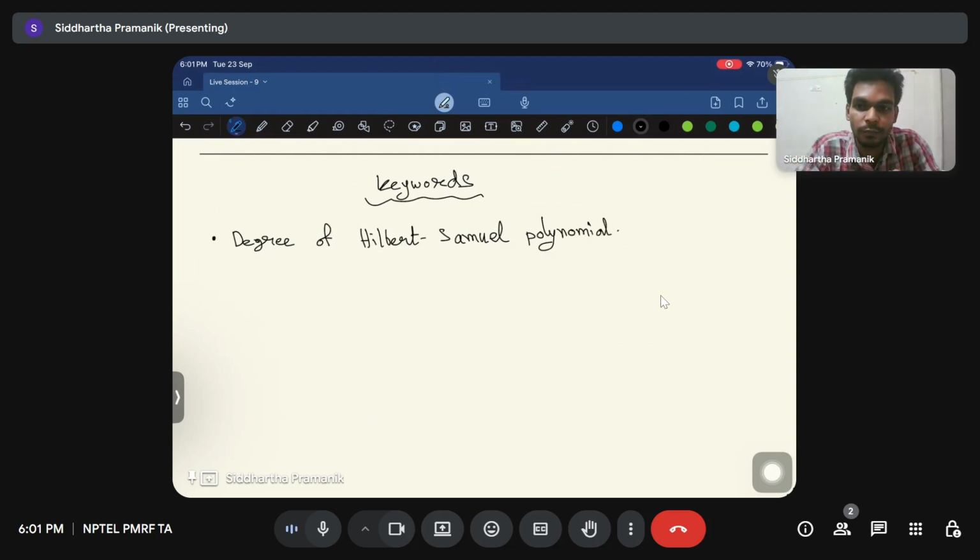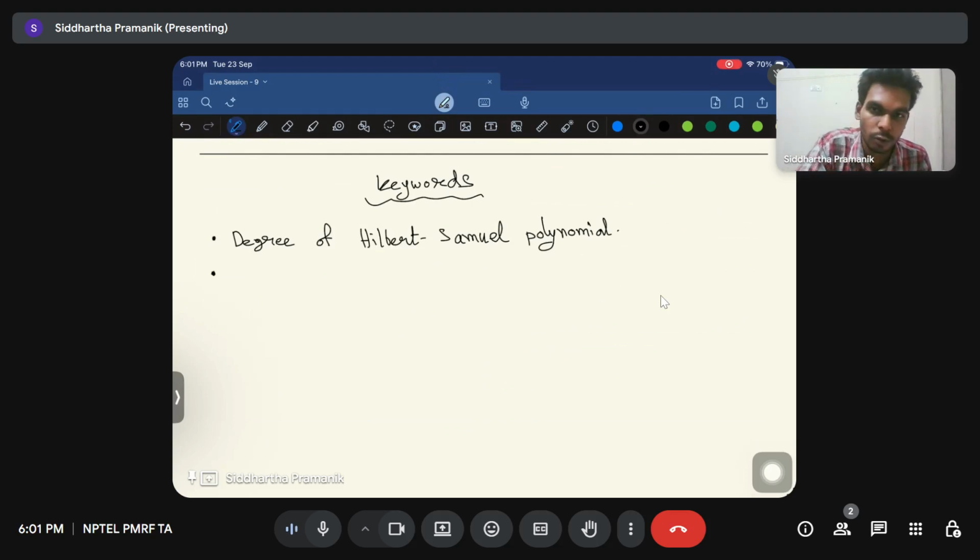Basically, if we are given a short exact sequence and then we want to look at the degree of Hilbert-Samuel polynomial of each of the three modules, then what is the relation between them? That is what we have seen in the first lecture.